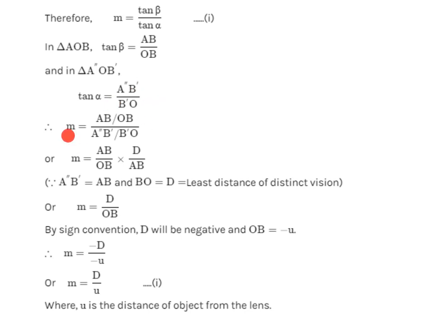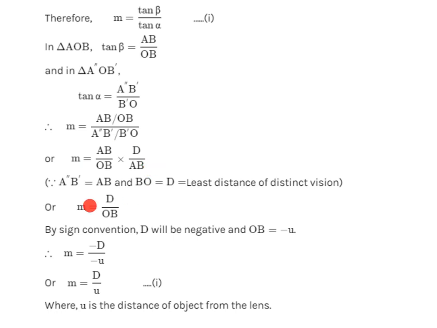Then what is the formula of M? The magnifying power M is equal to AB upon OB divided by A dash B dash upon B dash O. So M is equal to AB upon OB times B dash O upon A dash B dash.